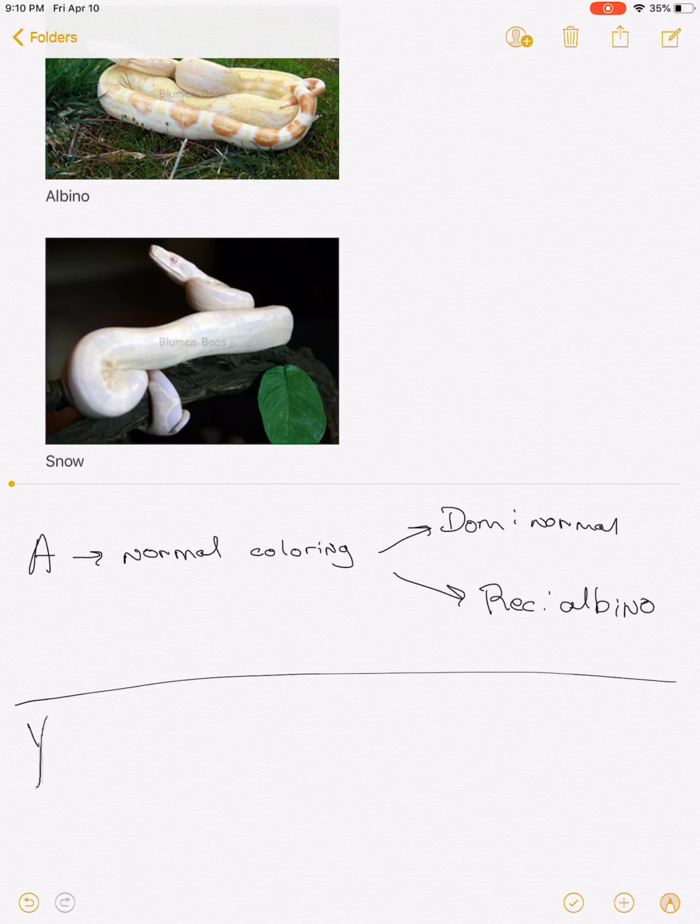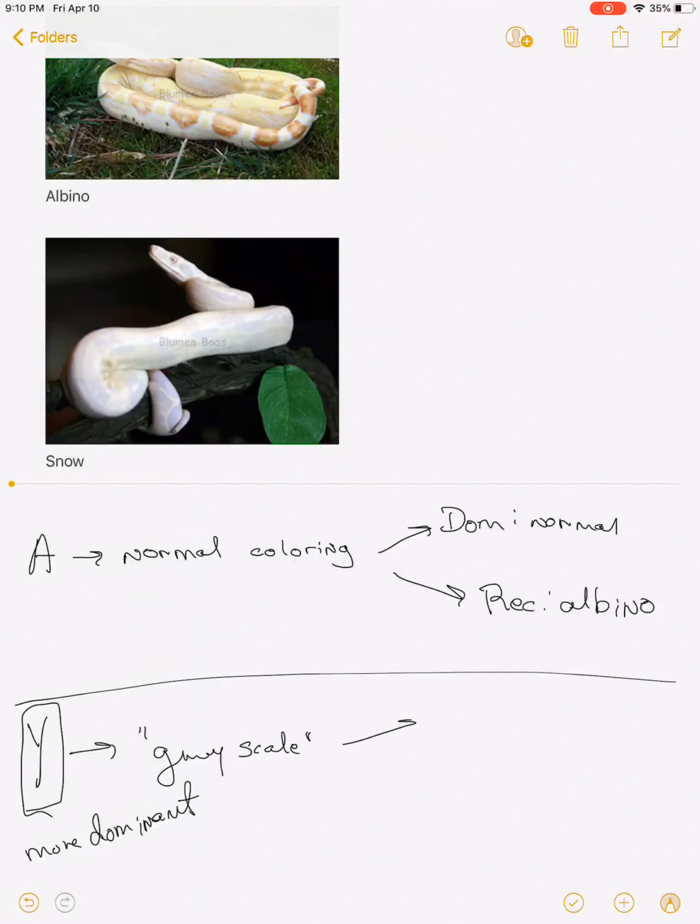Your Y trait is going to be this second kind of grayscale coloring. So the grayscale coloring is actually going to cover up entirely the A allele. So the Y allele is more dominant. So whatever the Y allele says really goes.